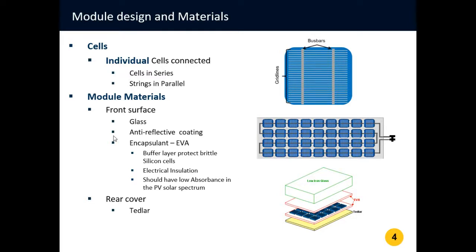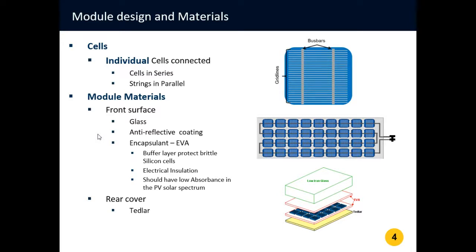It insulates the modules and the cells and encapsulates them from any environmental factors. And the material that's used should also have a low absorbance in the particular PV solar spectrum. So the common encapsulant is EVA. And then typically the rear cover would be an opaque material like Tedlar.